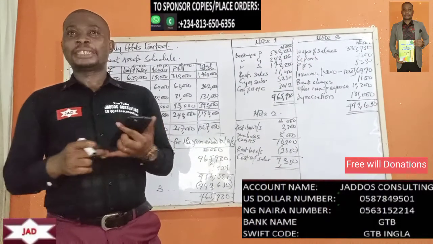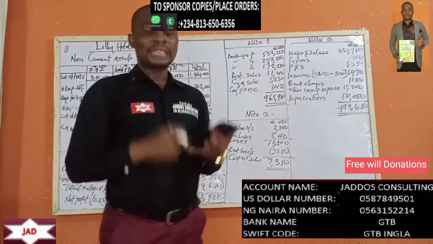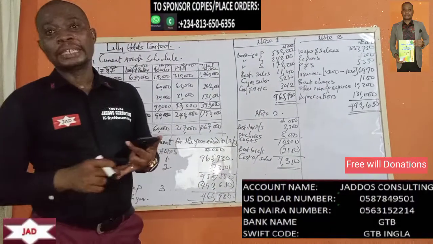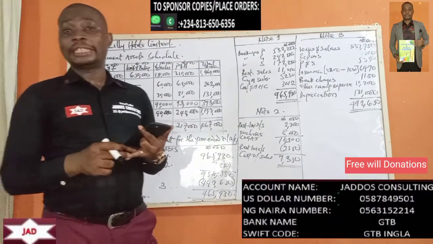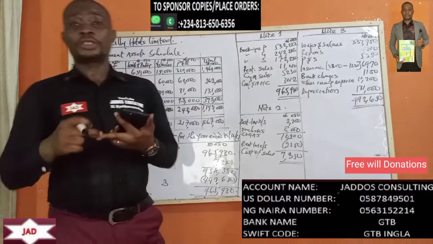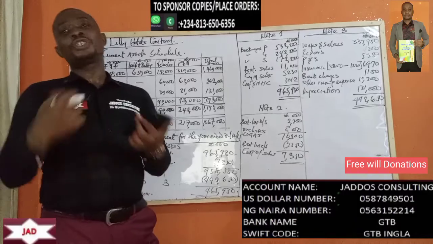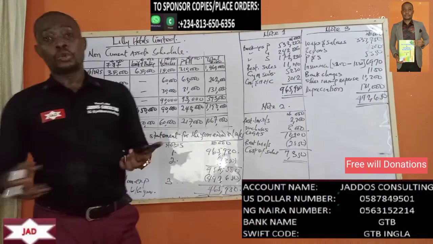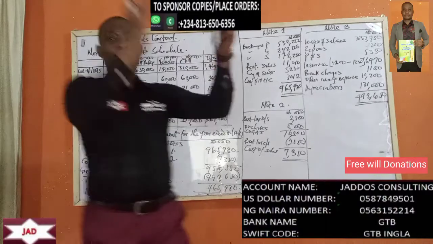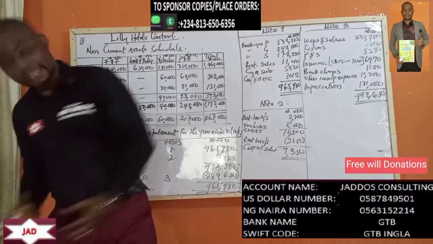That is, how have we done in terms of selling room spaces? How have we done in terms of selling restaurant inventory items? How have we done in terms of selling gym services? How have we done in terms of selling conferences and halls? So you can modify your statement to show each of them in that category.